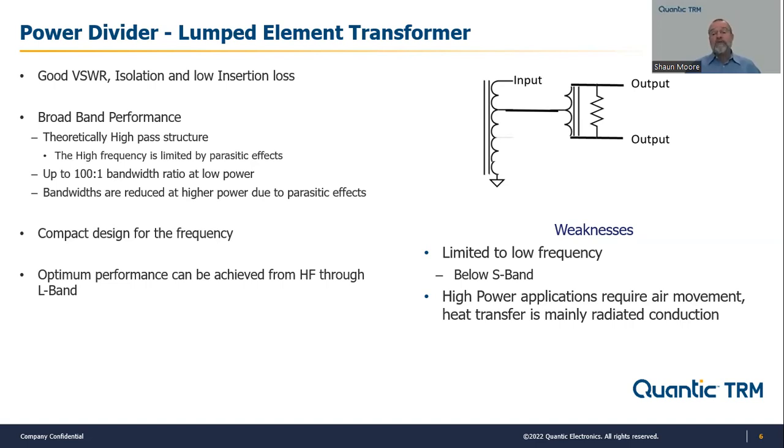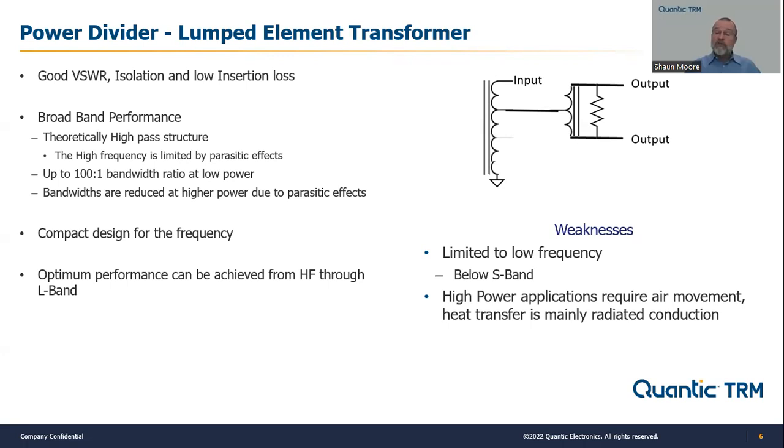You can also use it as an impedance translation device, and that's what we're doing here for a lumped element power divider. In the schematic in the upper right-hand corner, you have the two outputs going back into a center tap transformer. That brings the impedance, if the two outputs are at 50 ohms, at that central node, to 25 ohms. I then use a 2-to-1 impedance transformer on the input to bring that back up to 50 ohms.